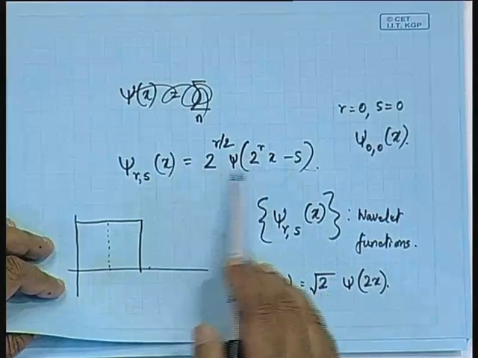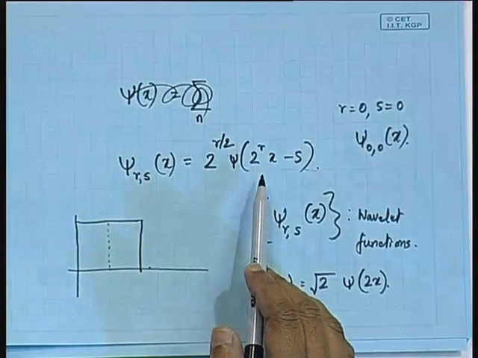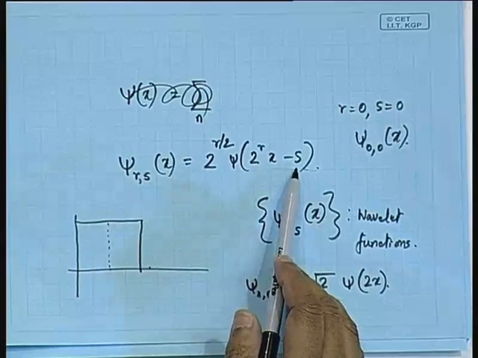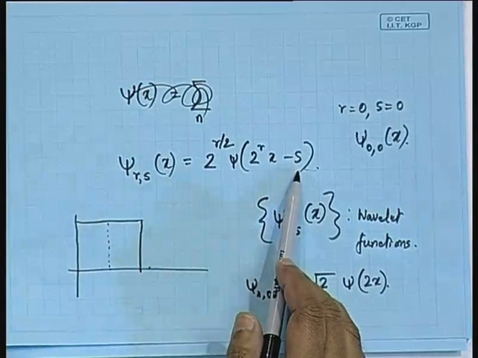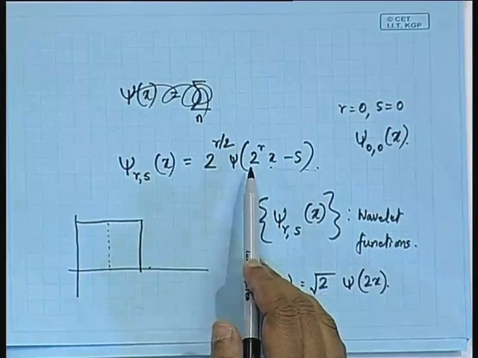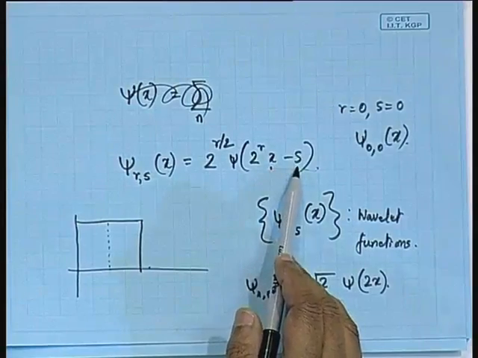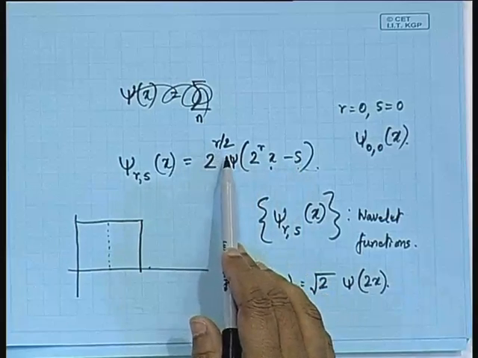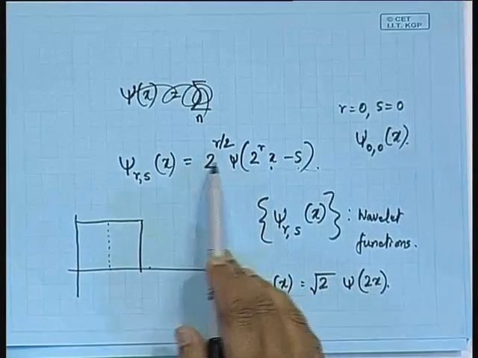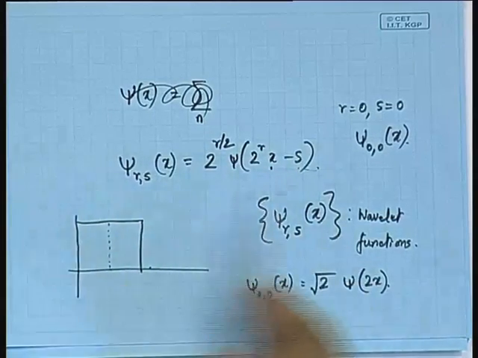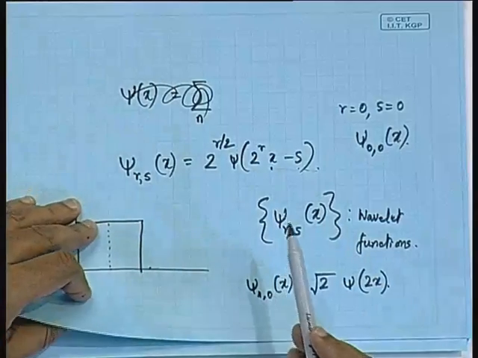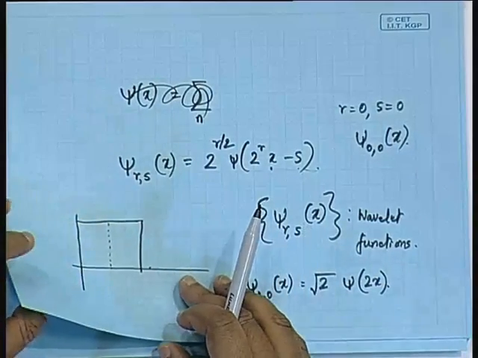Now, in this case the nomenclatures have changed, we are calling this s as k, this x as n, the discrete variable we are calling as n, this as k, and r we are calling as j. So, this same expression it is possible for us to write down.